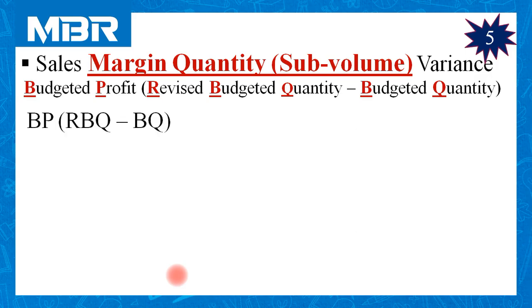As you all know, we have information of budgeted profit and budgeted quantity in our question, and at the time of calculation of sales margin mix variance, we have completed calculation of revised budgeted quantity.